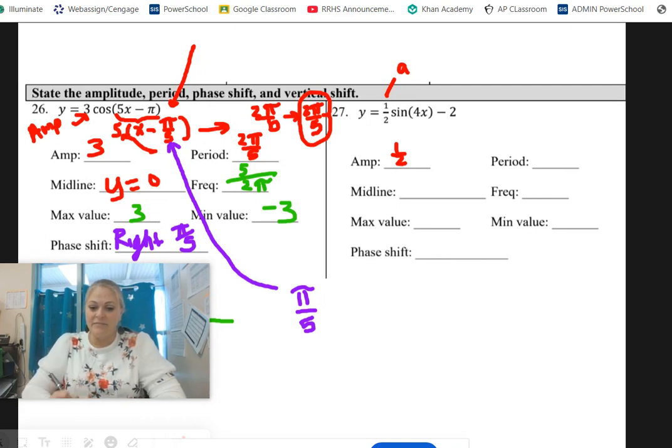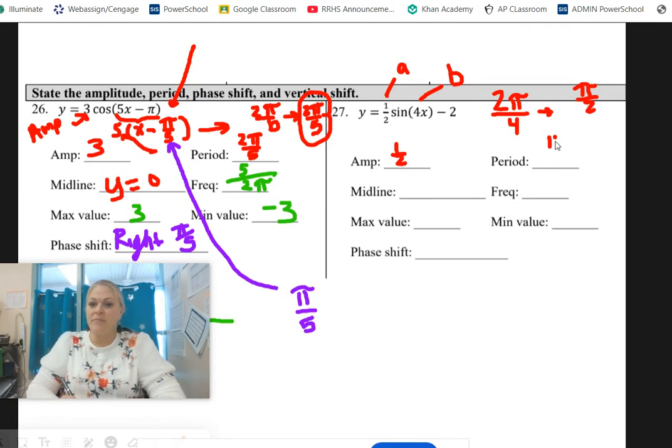I have this b term. So a is 1/2, b is 4. So I'm going to find my period by saying 2 pi over b, which in this case is 4. So my period is pi over 2, or 1/2 pi.